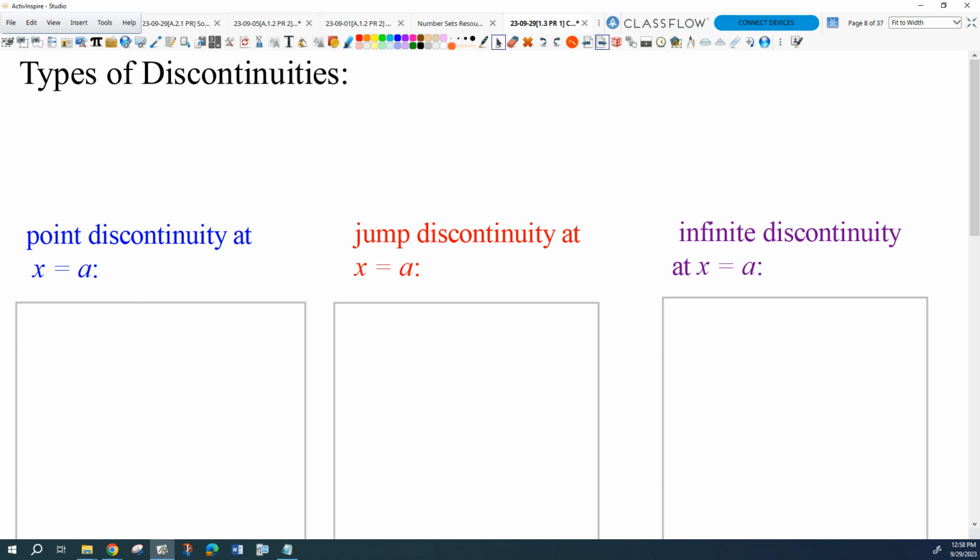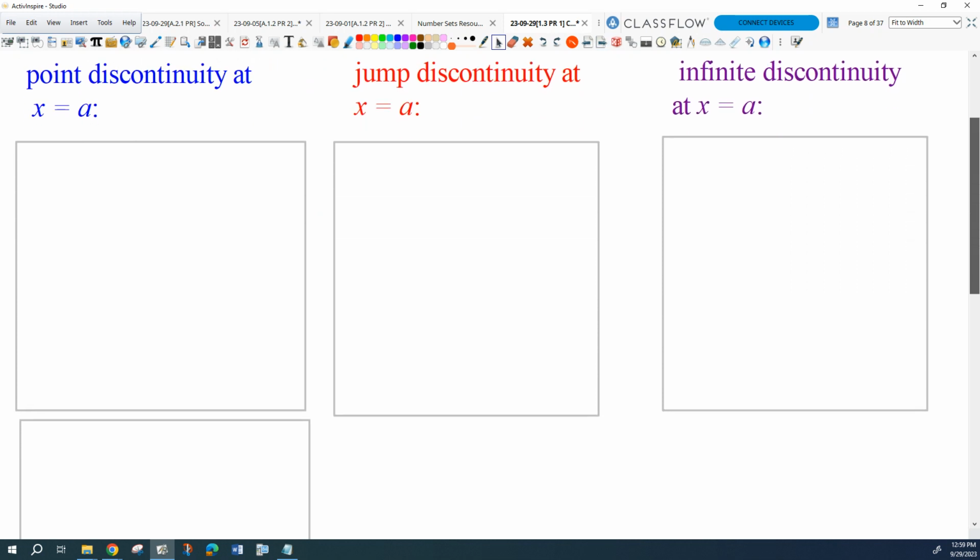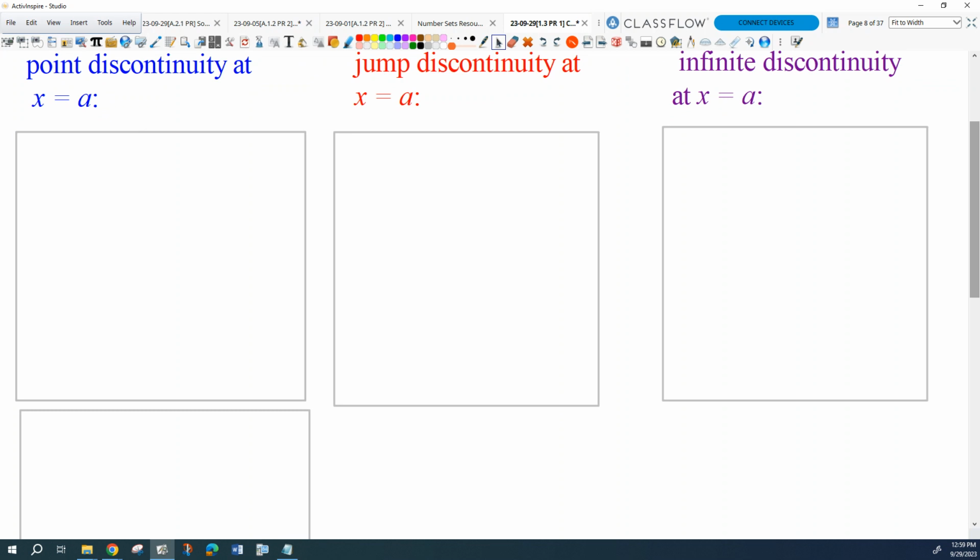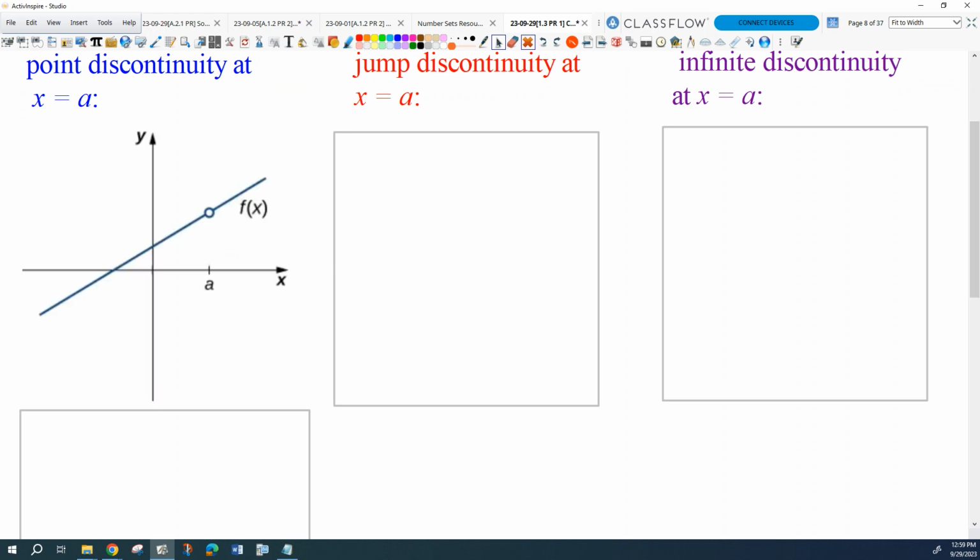Okay, so now let's try to organize types of discontinuities that we could have here. What about a point discontinuity? What do we mean by a point discontinuity? Well, we've seen those. The examples we've already seen would be things like that, because it's only discontinuous at a single point, right?